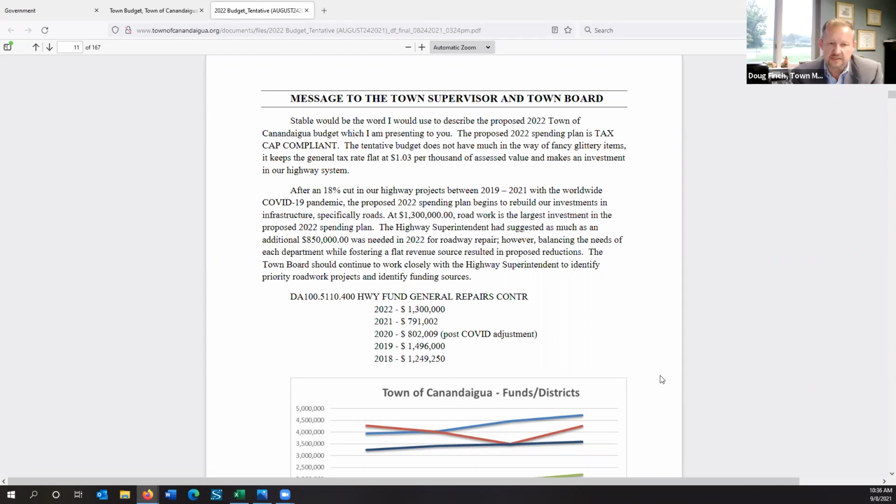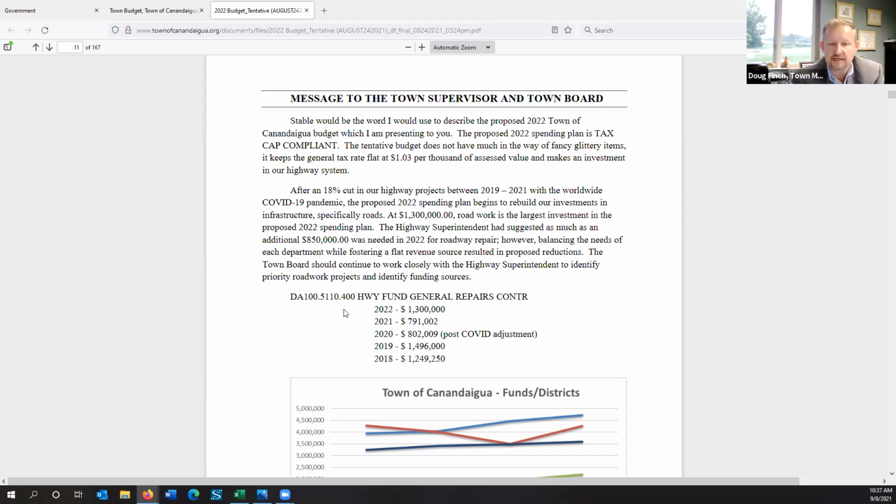This first wording here, DEA 100.5110.400, is a specific account line in the 2022 tentative budget. Those account numbers are required by the New York State Comptroller's Office. It's called a chart of accounts. This particular account line is for Highway Fund General Repairs Contractual.